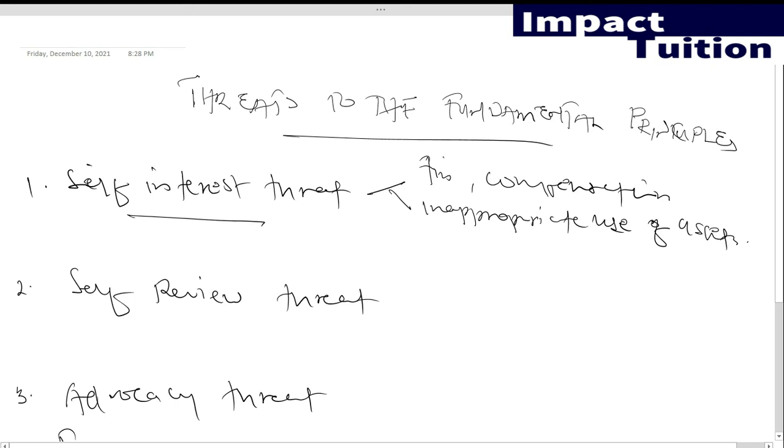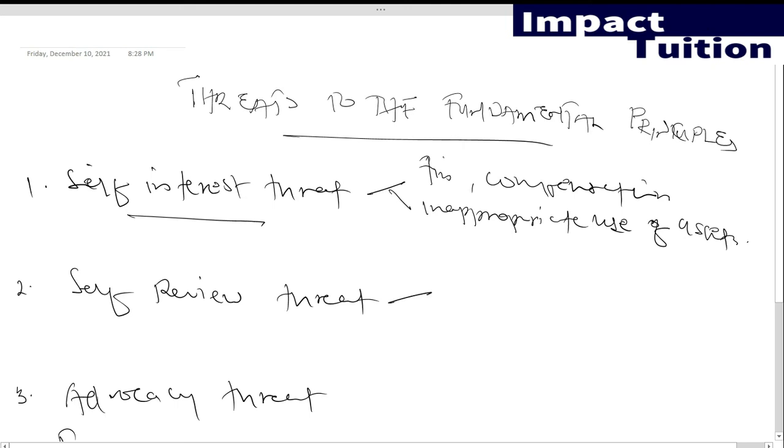An example may be financial interest, loans, guarantees, incentives, compensation packages, or inappropriate use of corporate assets. That is, using corporate assets for the personal gain of the professional accountant.